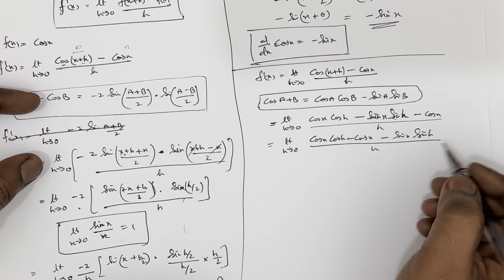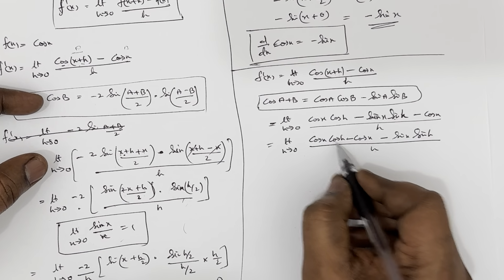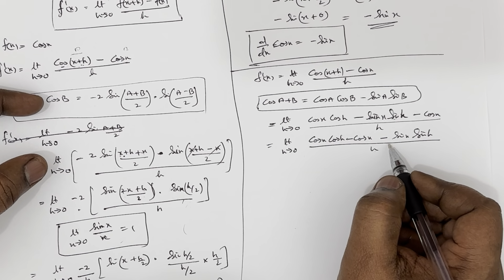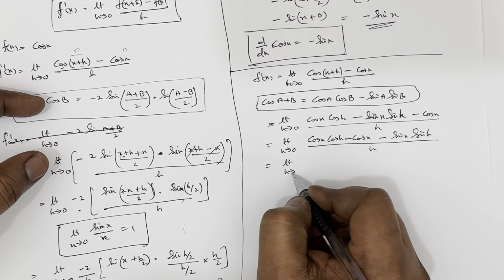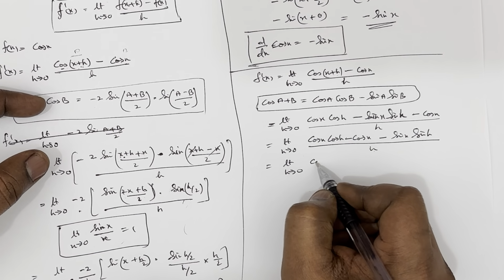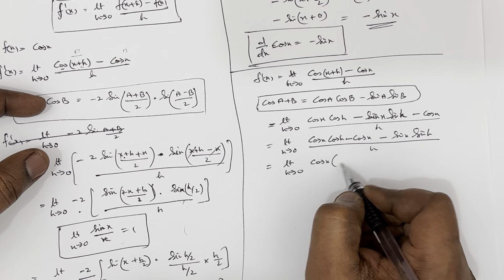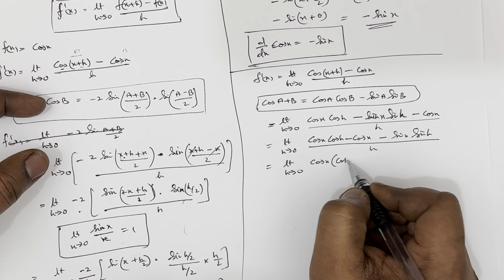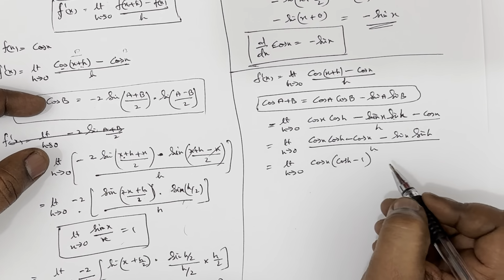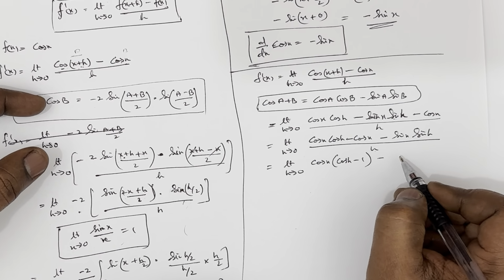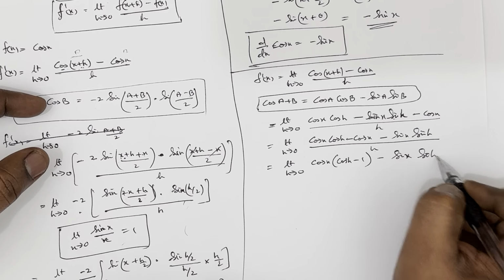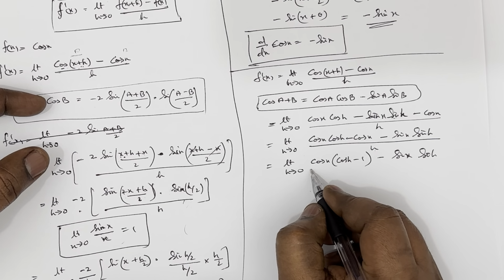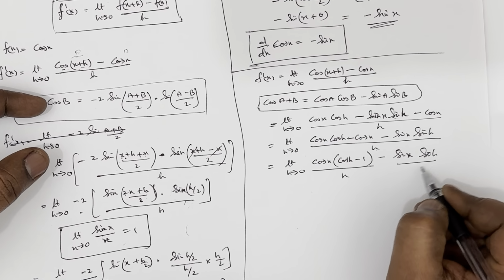Now let's take common out here. Limit h tends to 0, cos x common means it becomes cos h minus 1, minus sin x sin h. Now this h, let's split and give it to both of these, h and h.